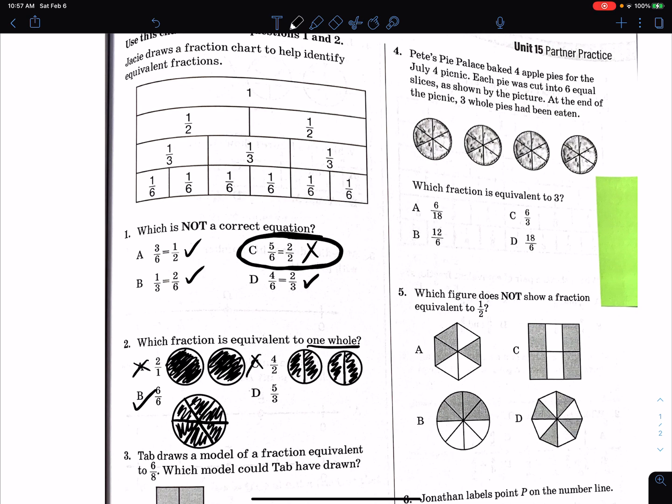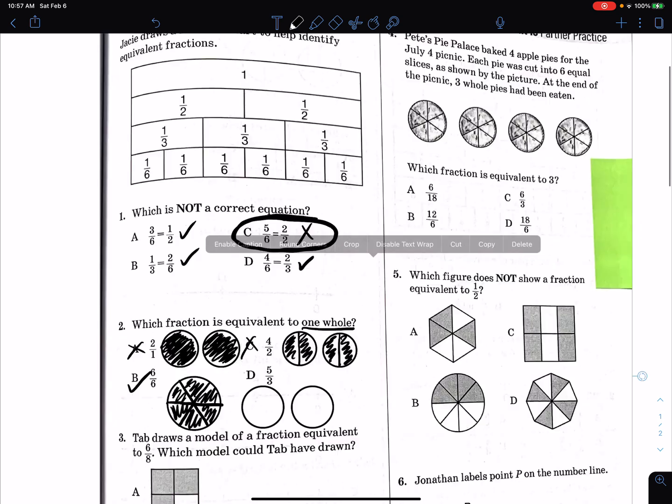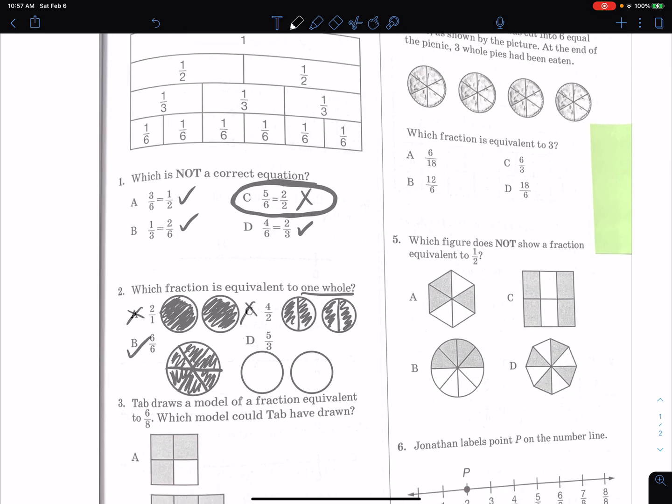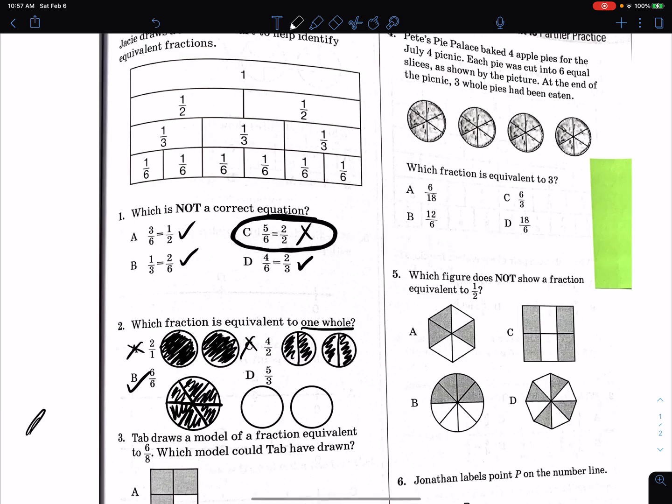And this bottom one, I have thirds. Alright, so I'm going to divide my circle into thirds. And I need to color in 5 of them.